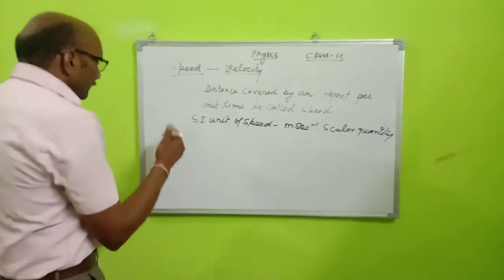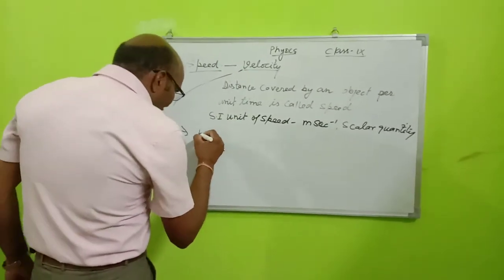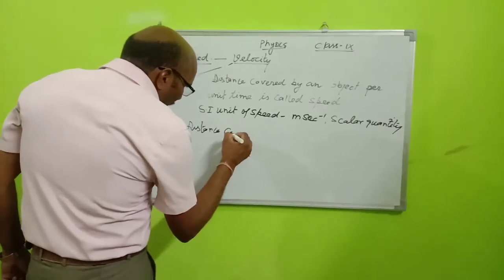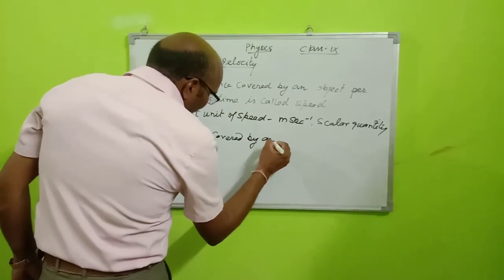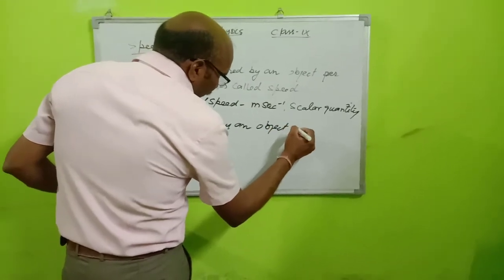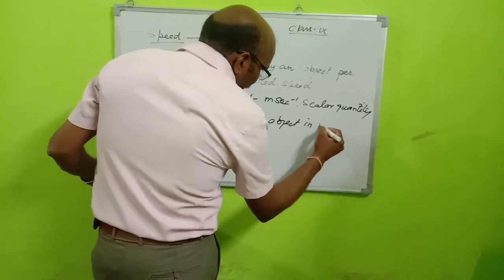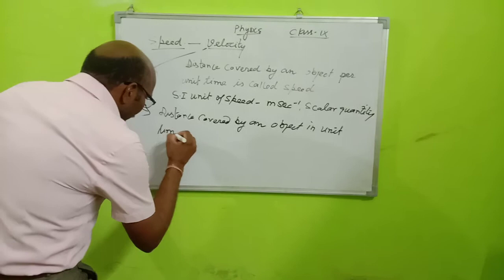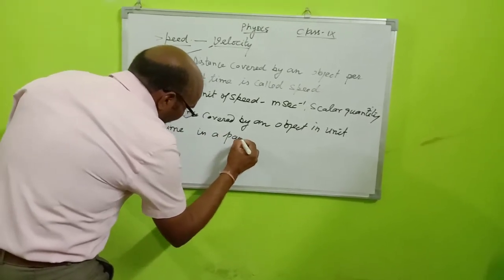While velocity is the distance covered by an object in unit time in a particular direction.